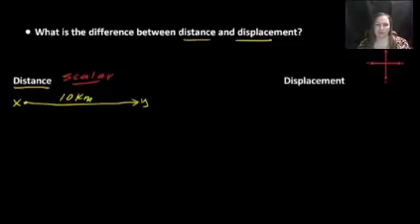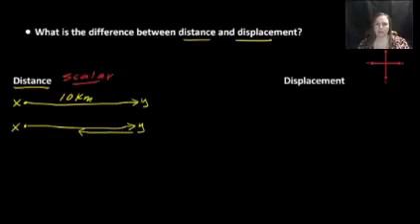Well, let's take a look at another situation. Let's suppose, again, you started at point X, our origin, and you traveled all the way to point Y, right there. Then you turned around and you came halfway back and stopped right there.